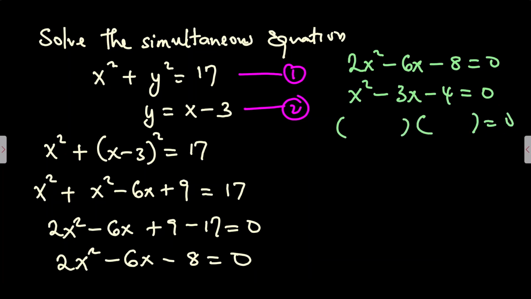So if you factorize this, x here and x here, what two numbers will add to give minus 3 and multiply to give minus 4?